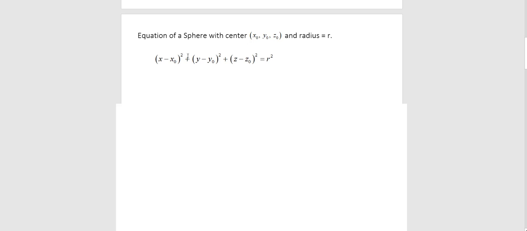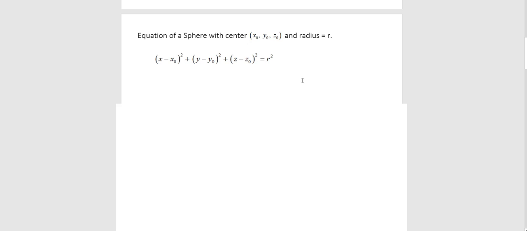It's why I chose to go with the sphere first as opposed to something like the equation of a line. If you know how to plot 2 points and find the distance between them, we can write the equation of our sphere. So x minus the x coordinate, y minus the y coordinate, z minus the z coordinate. Square them, find their sum. That equals the square of the radius.